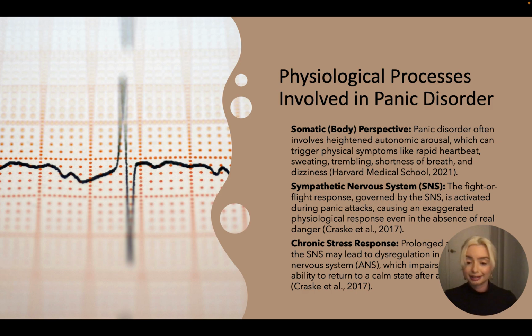The last one we'll look at for this slide is the chronic stress response. Prolonged heightened states of the SNS may lead to dysregulation of the nervous system. And this can impair the body's natural ability to return to a more calm homeostasis and is critical in those dealing with panic disorder.